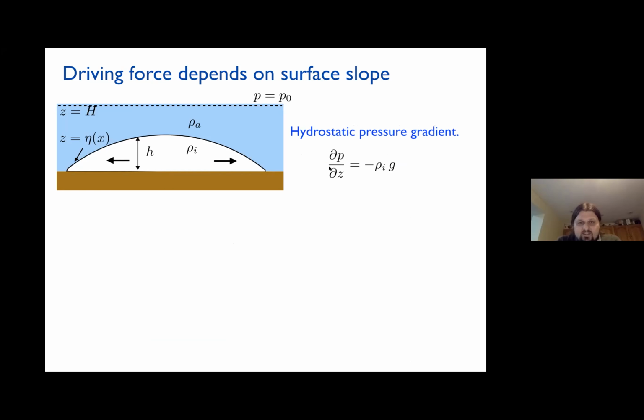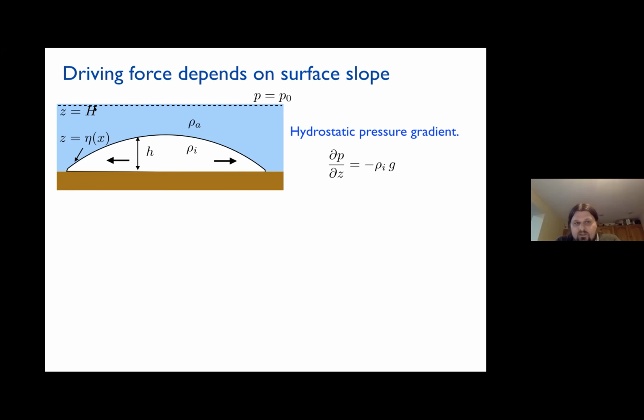So we can take this equation that tells us that in the vertical component of the force balance, the gradient in pressure in the vertical direction balances the weight force. So dp/dz is minus rho_i g in the ice. And actually the same thing also holds, but just replacing the ice density with the atmospheric density once you're above the ice surface.